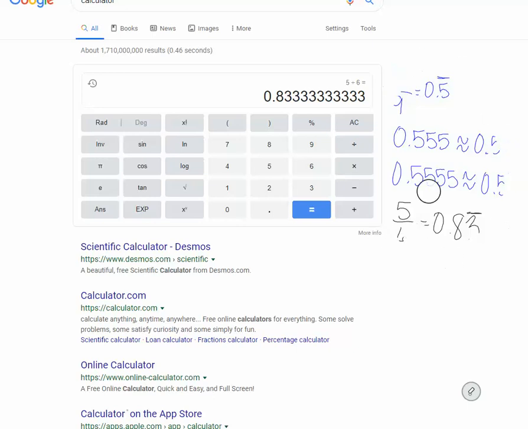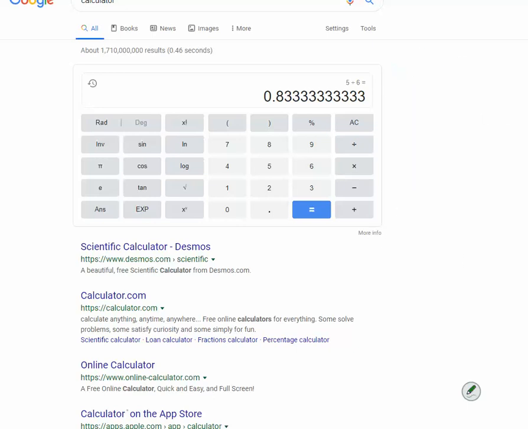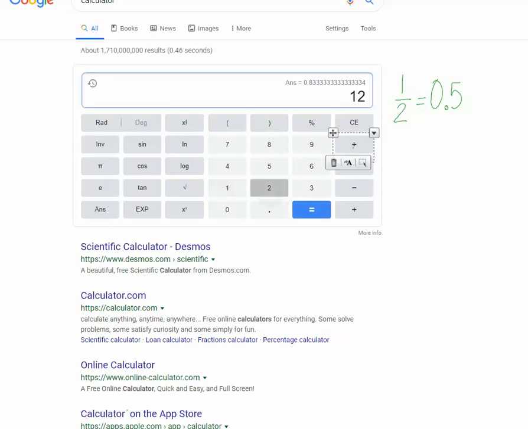Let's try another one. Let's do one we know will come out to something that we know to be true. 1/2, so take 1 divided by 2, you are going to get 5/10ths, right? So 1 divided by 2 equals 0 and 5/10ths.